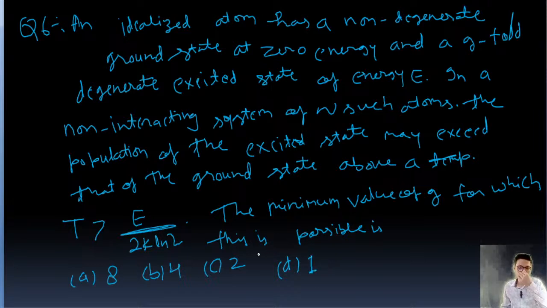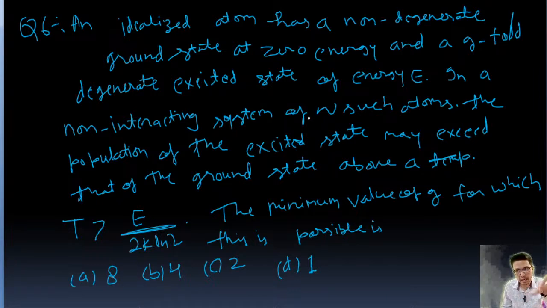So this is the question, guys. I'll read the question for you. An idealized atom has a non-degenerate ground state at zero energy, and a G-fold degenerate excited state of energy E in a non-interacting system of n such atoms.